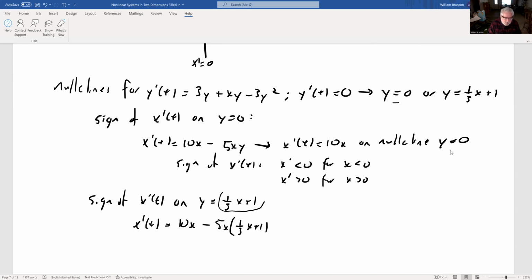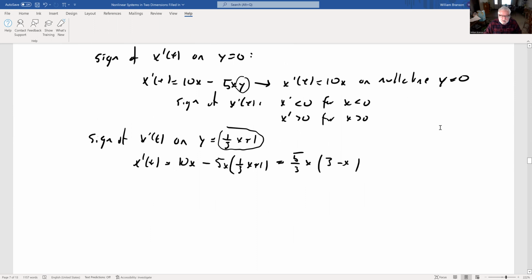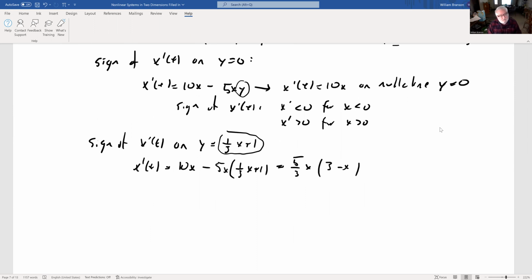So we substitute 1/3 x plus 1 in for the y. We get this, which if we simplify it, becomes 5/3 x times 3 minus x. And that's a parabola. It opens down, so it's going to be negative for big values of x and positive in between.